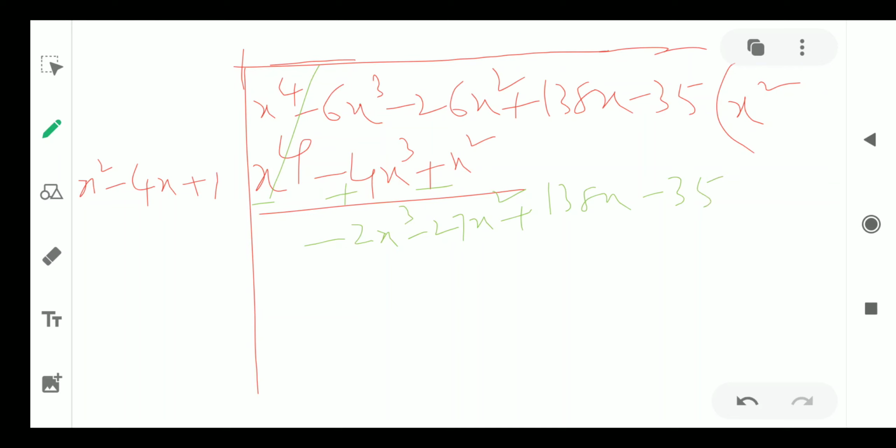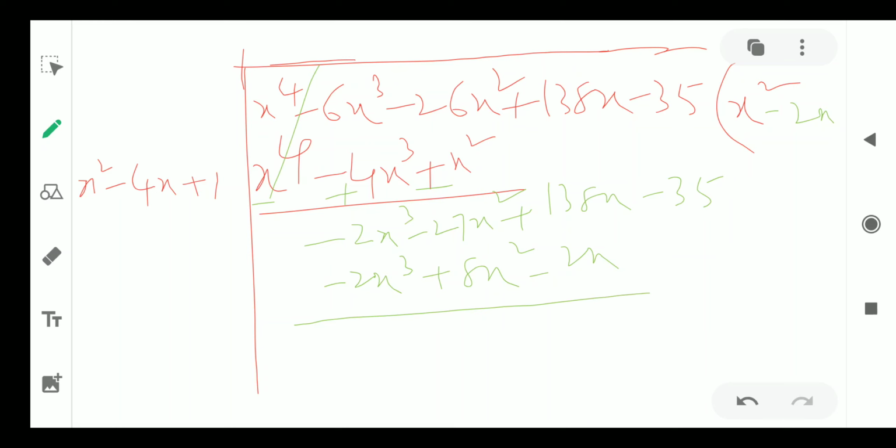Now again we can take with minus 2x. With minus 2x, this will become minus 2x cube plus 8x square, minus into minus plus, and 2 4s are 8, so 8x square minus 2x.